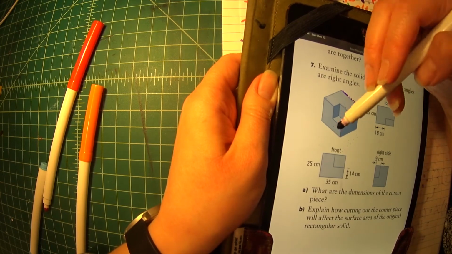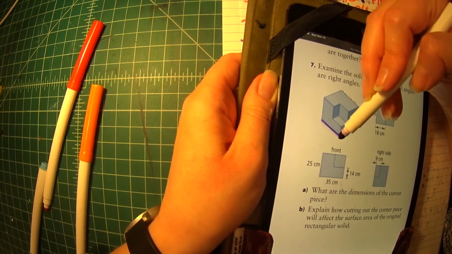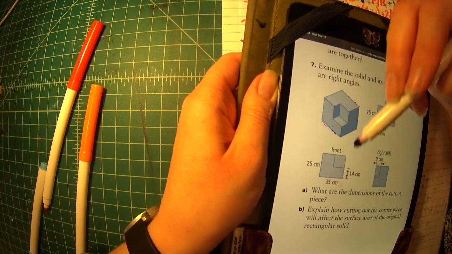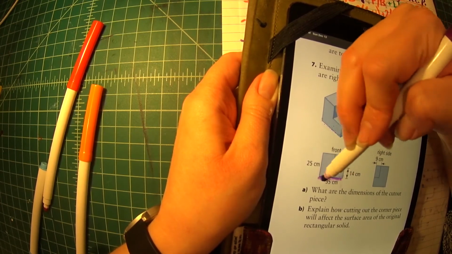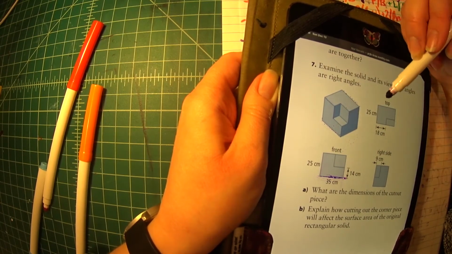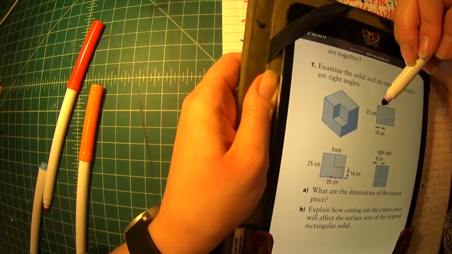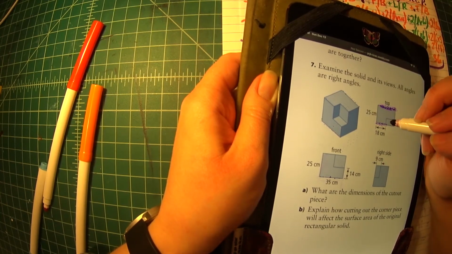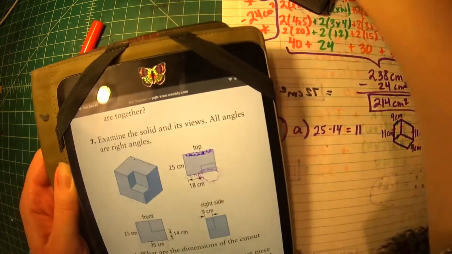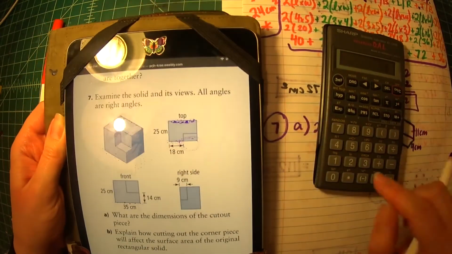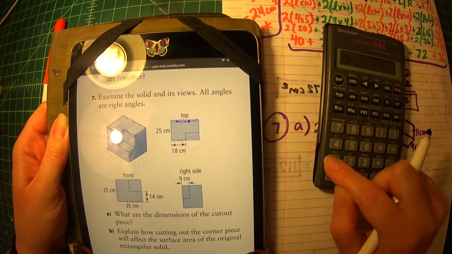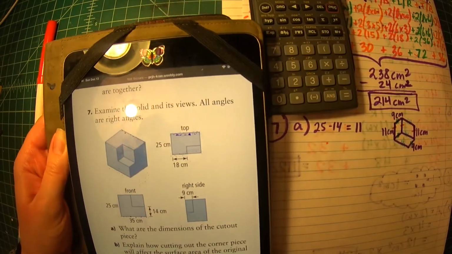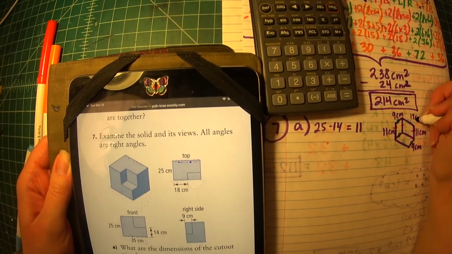Okay, that runs parallel to that here. And this front piece is right here. So 35. So I can do 35 minus 18 to get that last dimension that I need. So 35 minus 18 gives me 17 centimeters.